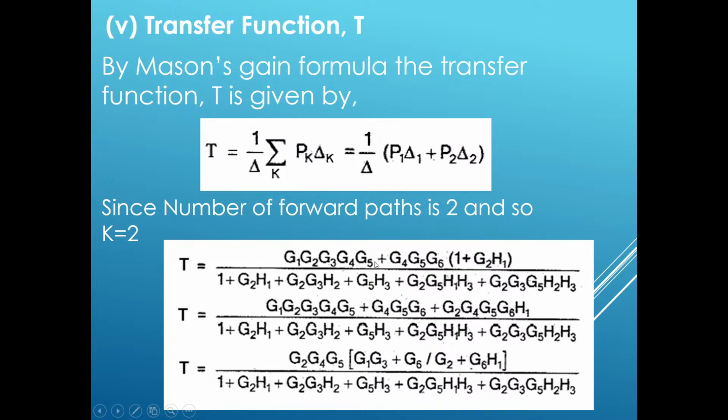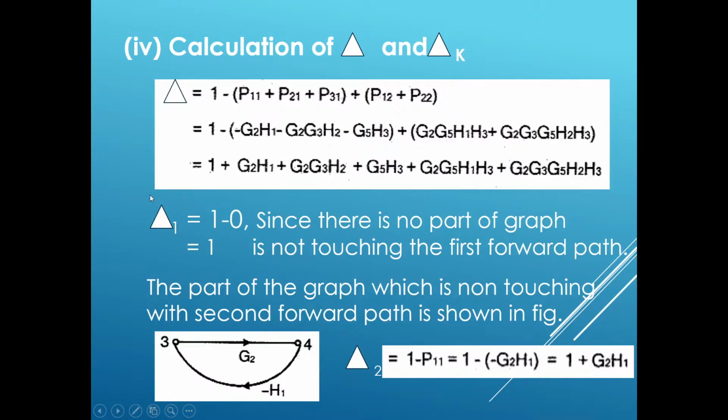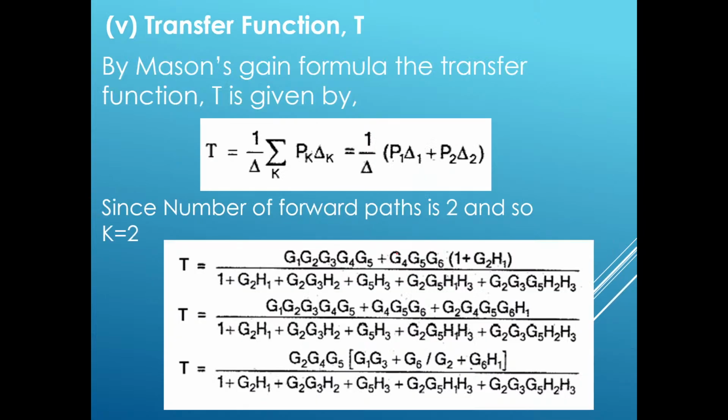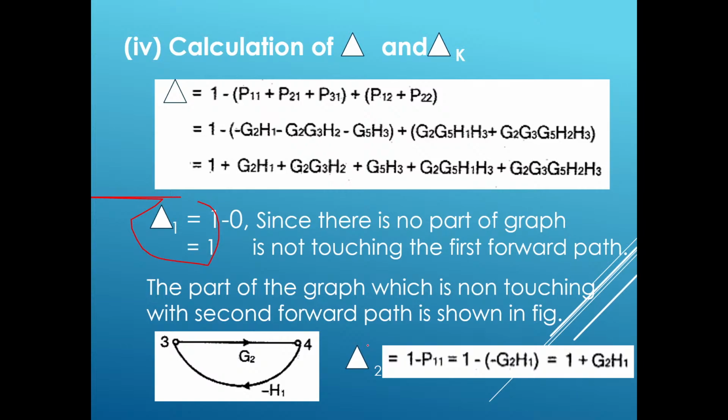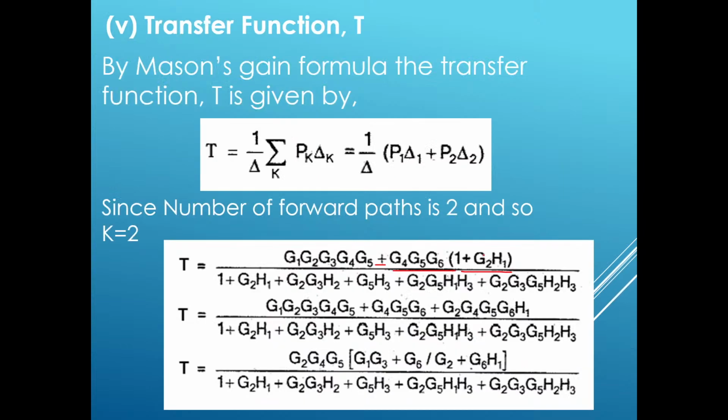Delta 1 value is 1. Next, plus P2, the forward path gain of path 2. It is G4, G5, G6 into delta 2. What is delta 2? It is 1 plus G2 H1. That is delta 2.